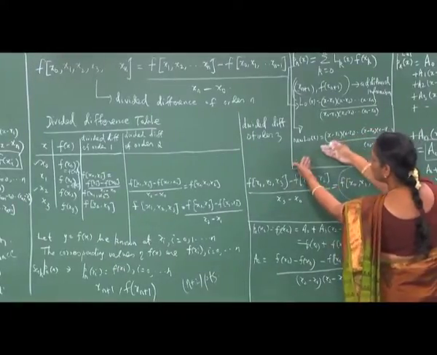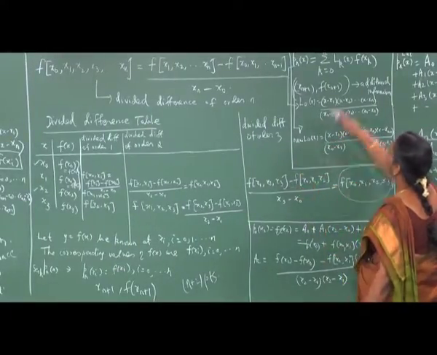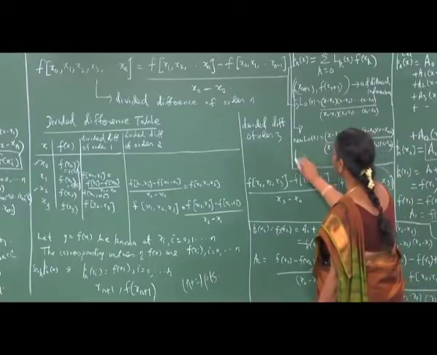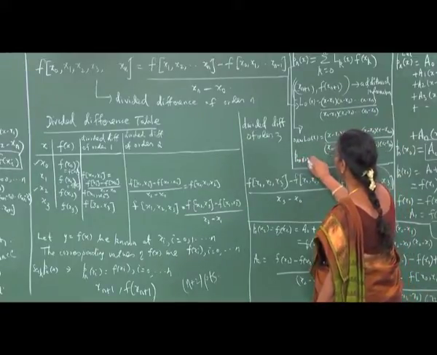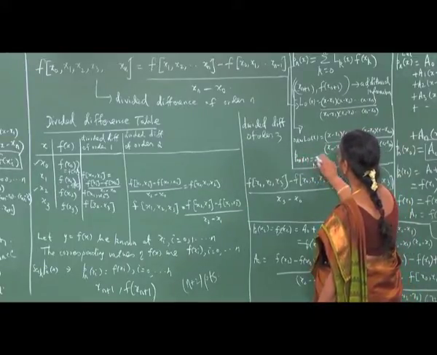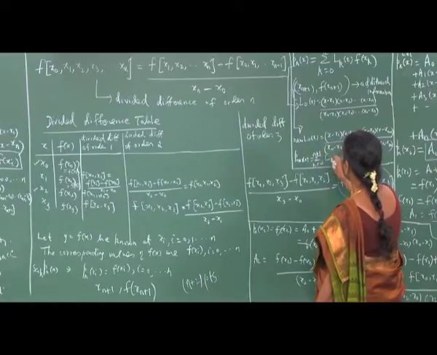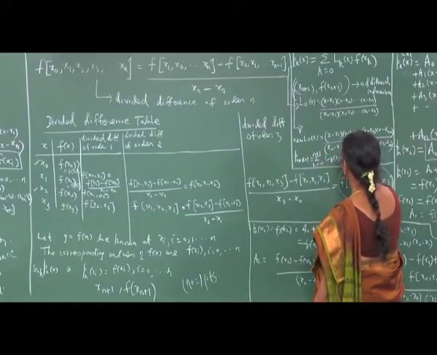Similarly, each of those polynomials Lk of x and the Pn plus 1 of x now will be sigma k is equal to 0 to n plus 1 Lk of x into f of xk.